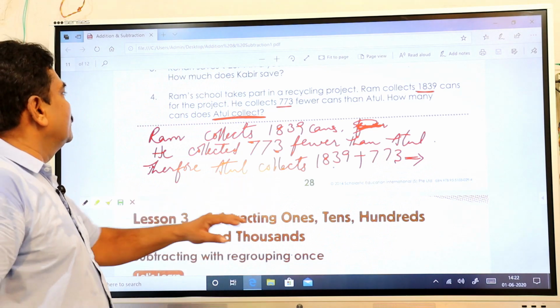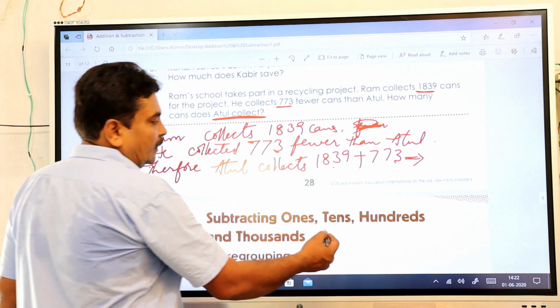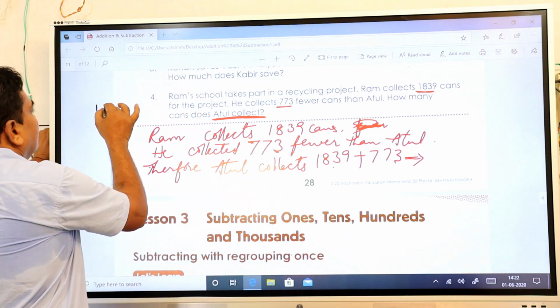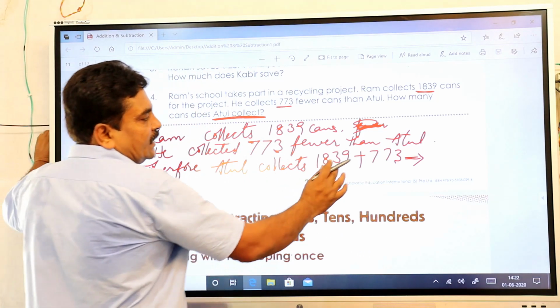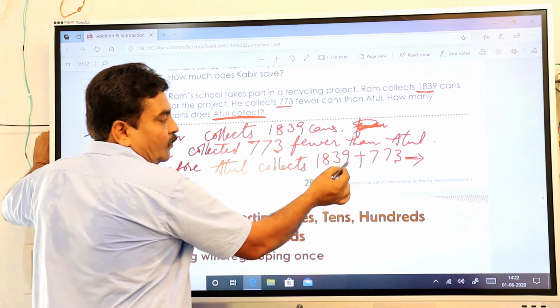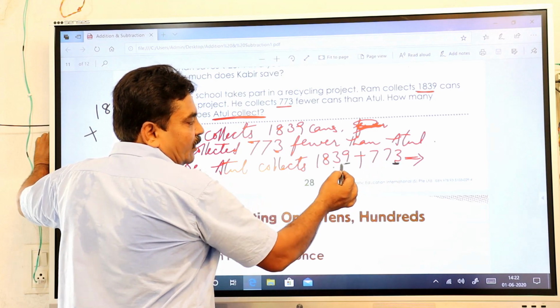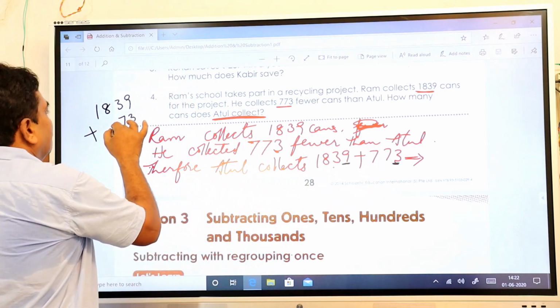I'll just do it here. 1839 plus 773. See here, you have 4 digits, here you have 3 digits. So this is your ones place, this is your ones place. So write down 3 under ones place. That is 3, 7, 7.